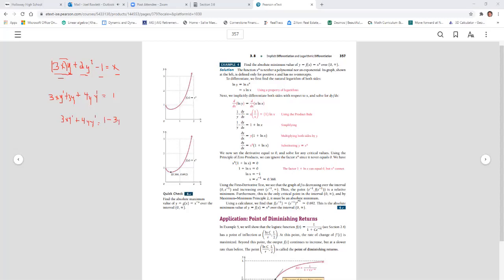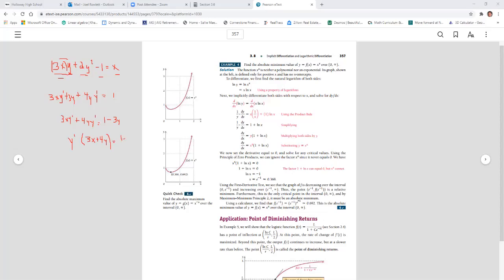Again, everything that has a y prime goes to one side, all of the other terms go to the opposite side. This allows me to factor out a y prime. So that leaves me with y prime, open parentheses, 3x plus 4y, is equal to 1 minus 3y.